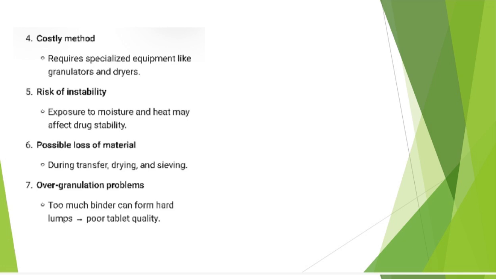Exposure to moisture and heat may affect drug stability. Possible loss of material. Possibility of material loss during processing due to the transfer of material from one unit operation to the other.